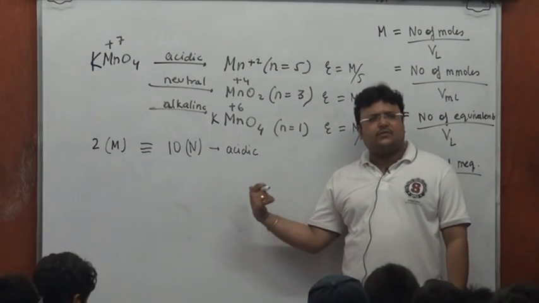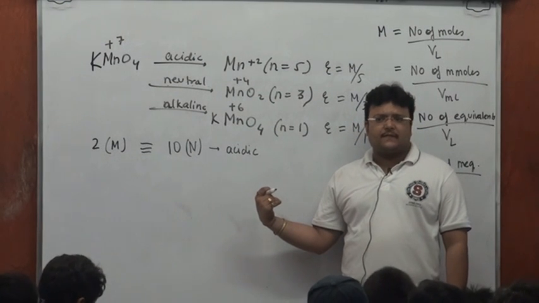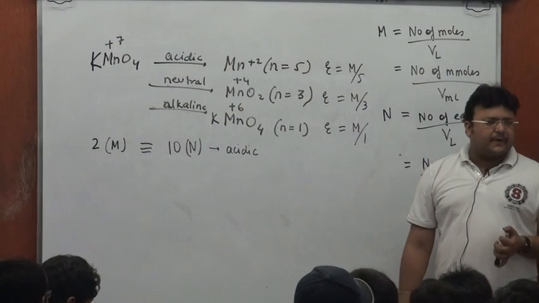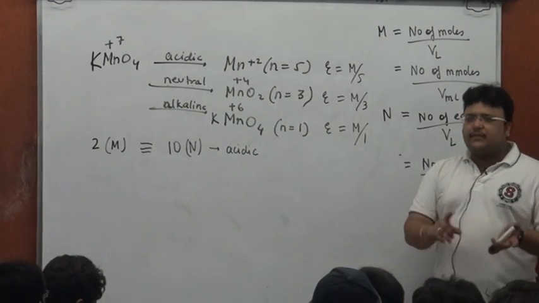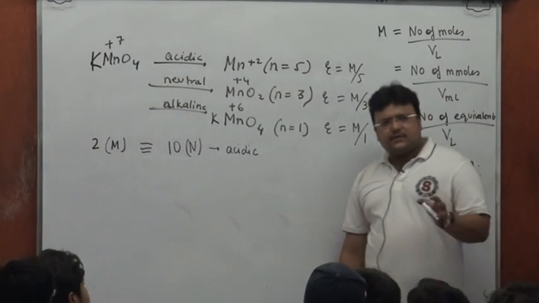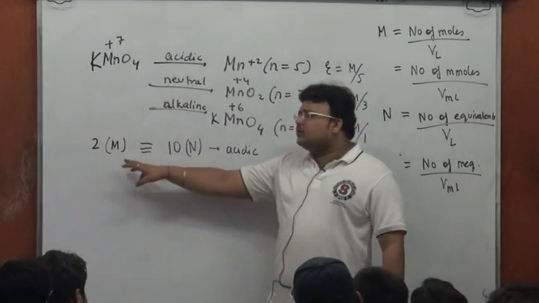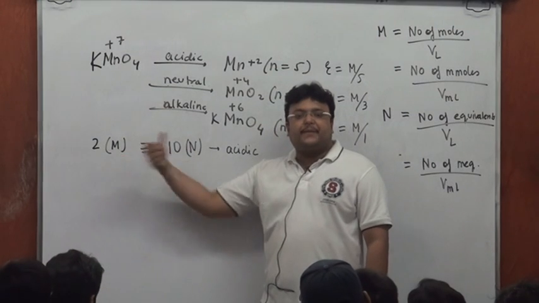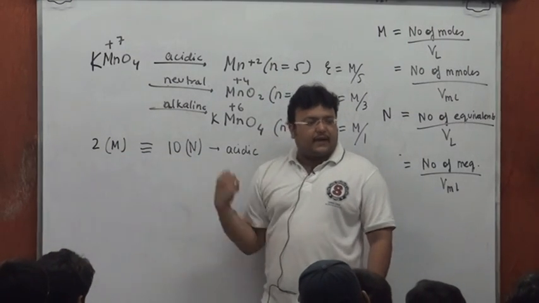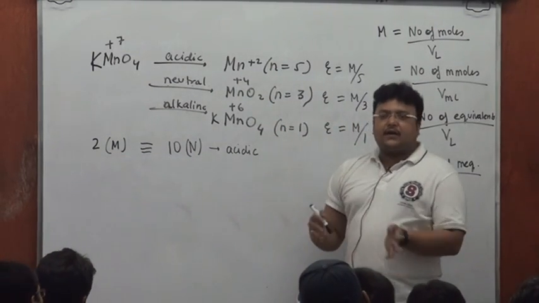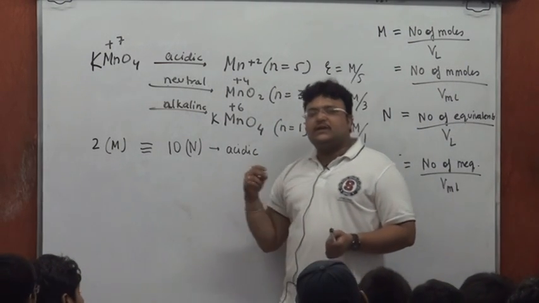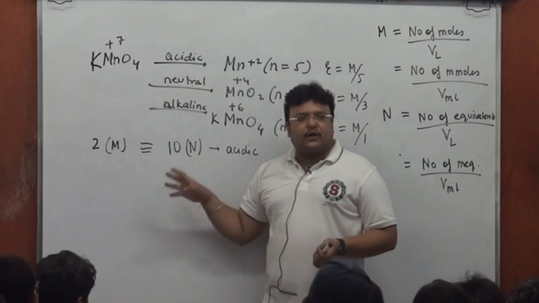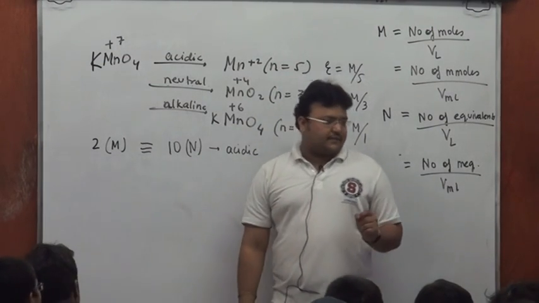Is it that hard to believe? 2 molar means 2 moles per liter. N factor 5 would mean 1 mole has 5 equivalents, 2 moles have 10 equivalents. So 2 moles per liter is the same as 10 equivalents per liter. So 2 molar will be 10 normal, and I repeat, in future you'll want to instinctively convert molarity to normality, believing normality will be molarity into n factor.